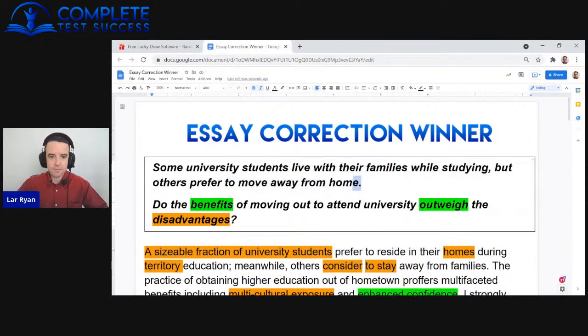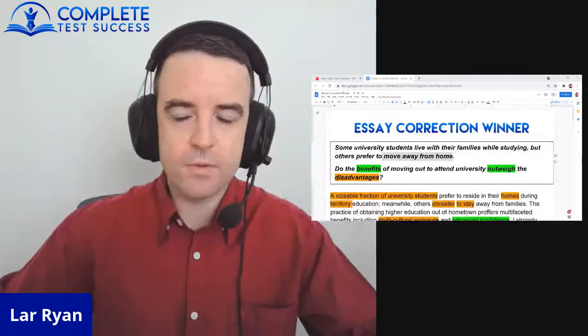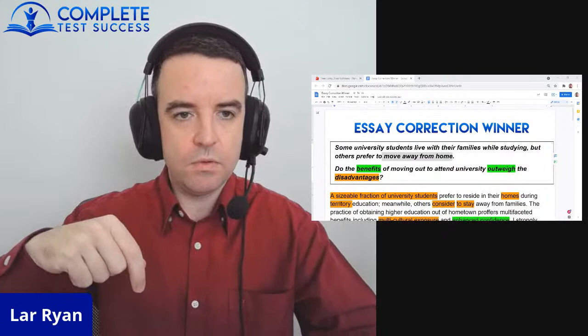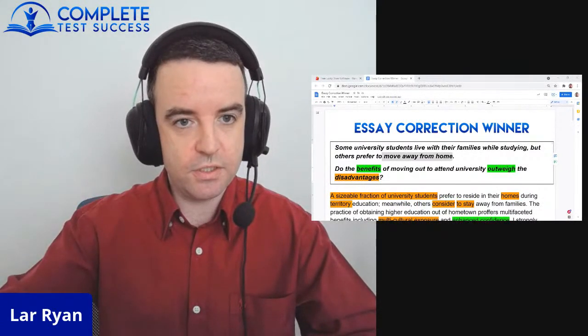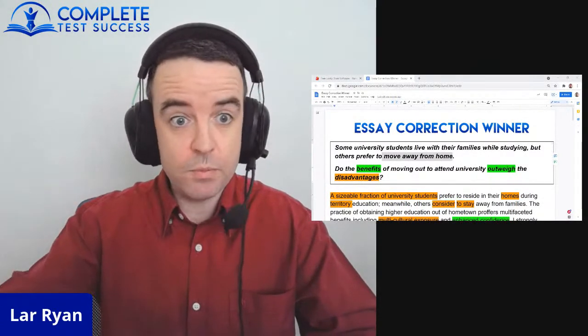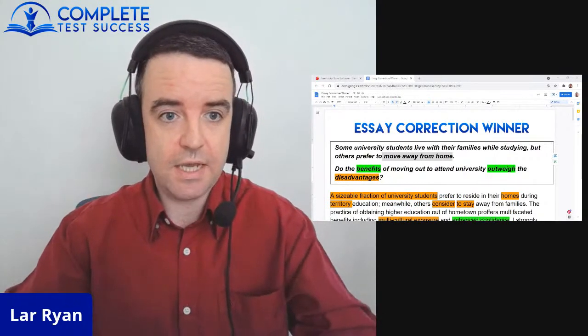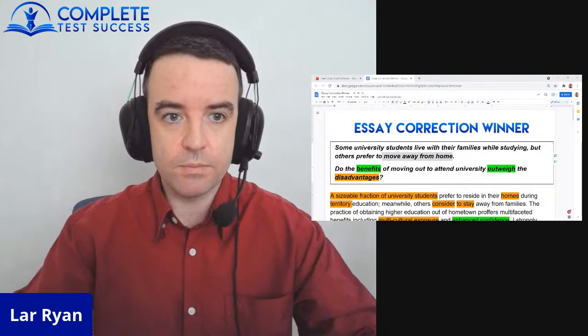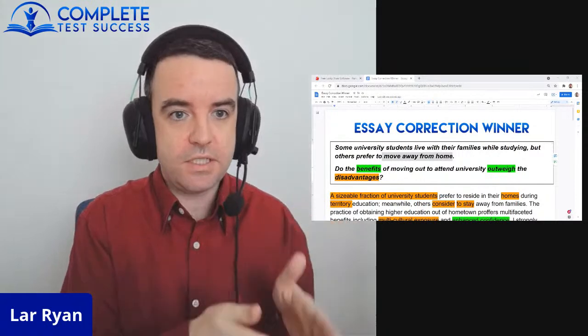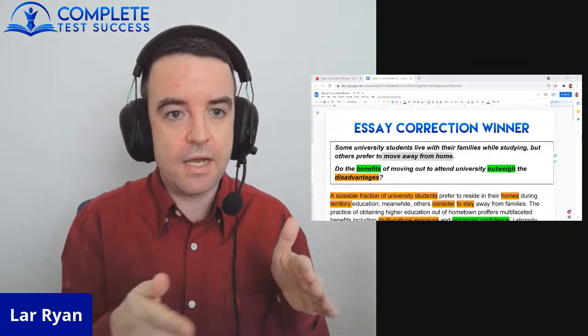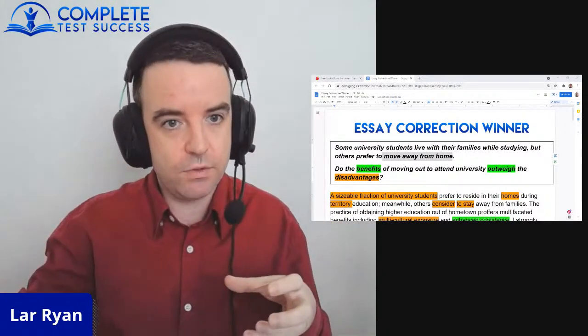It didn't say moving away from your country, it said moving away from your home. So that shows a misunderstanding of the question. What we're talking about in the question is people who move to another part of their country to study. Now, it could be moving abroad, but it doesn't say that, so we can't talk about moving abroad. It's about staying at home or moving out, not staying in your country or moving to another country.